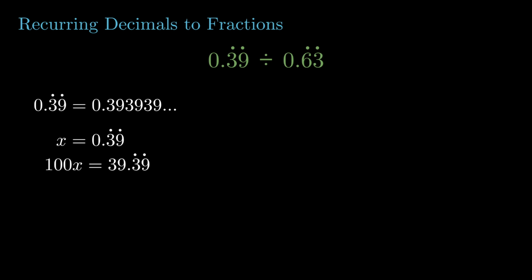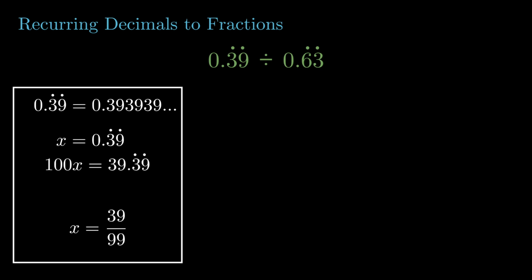So we will be left with 99x is equal to 39. Now the last step is we need to divide both sides by 99. So we get x is equal to 39 over 99. And that's the left side done. We converted 0.39 recurring into a fraction.